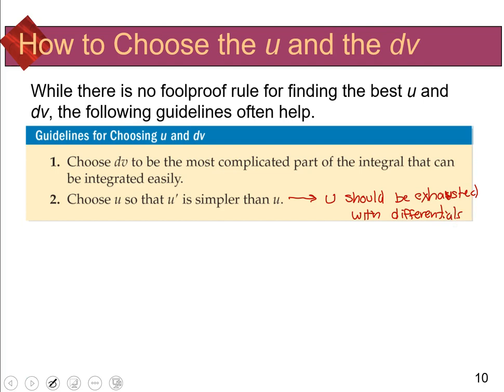So basically, if I take derivatives or repeated derivatives of the expression in u, I'm hoping that it would eventually just become dx. Again, not a steadfast rule, okay? Because there are some exceptions when we deal with that.